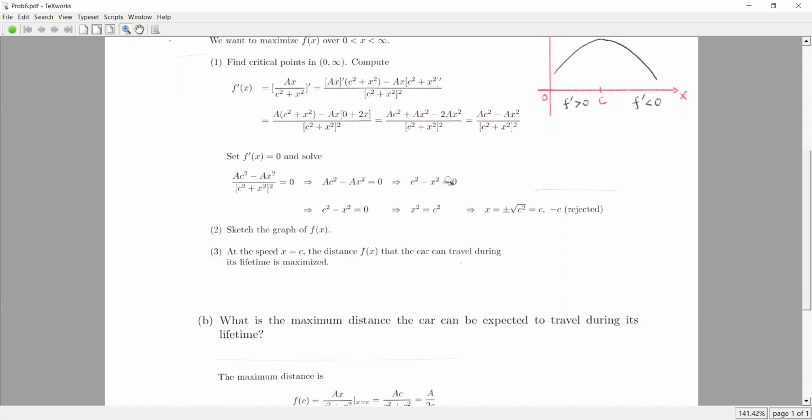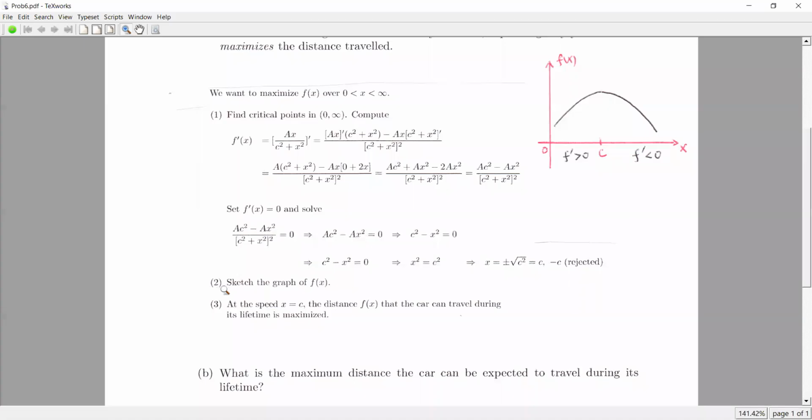Now, from this equation, we take the square root on both sides, then x is either positive C or negative C. Because x cannot be negative, we reject negative C. So there is only one critical point in this interval.